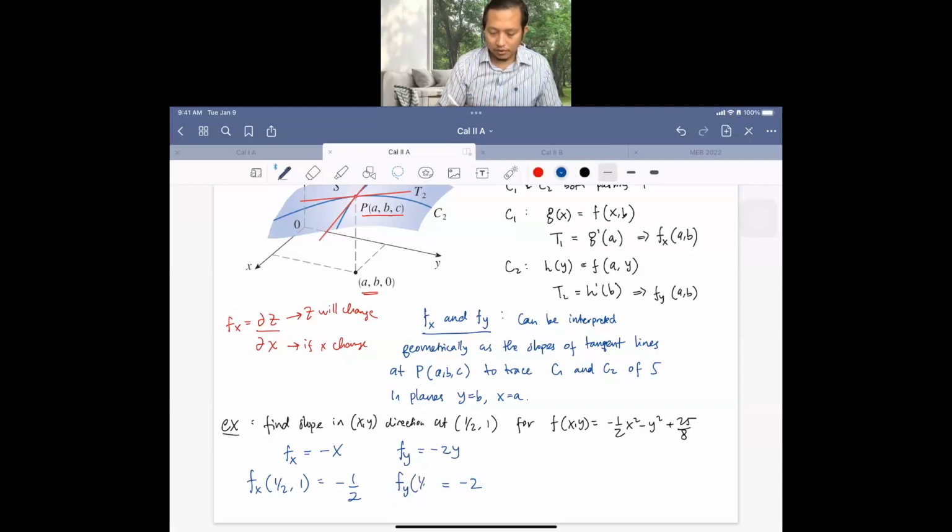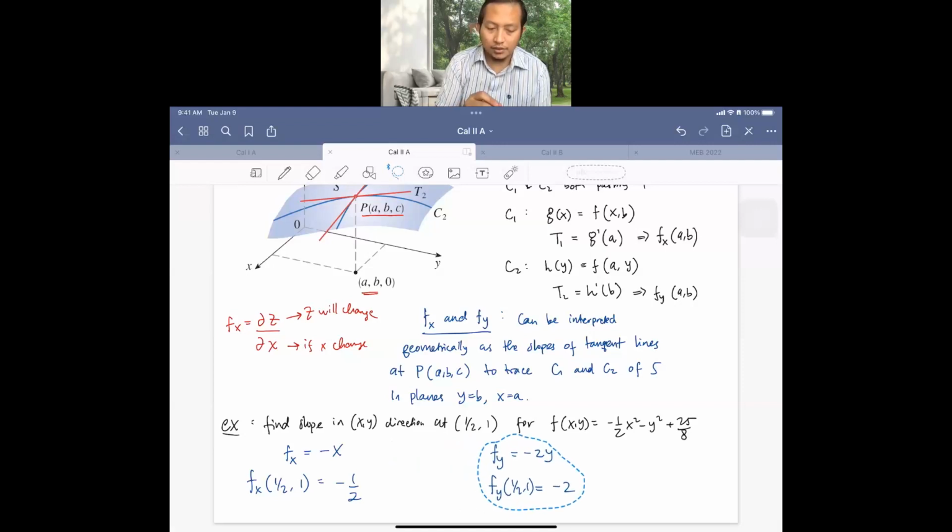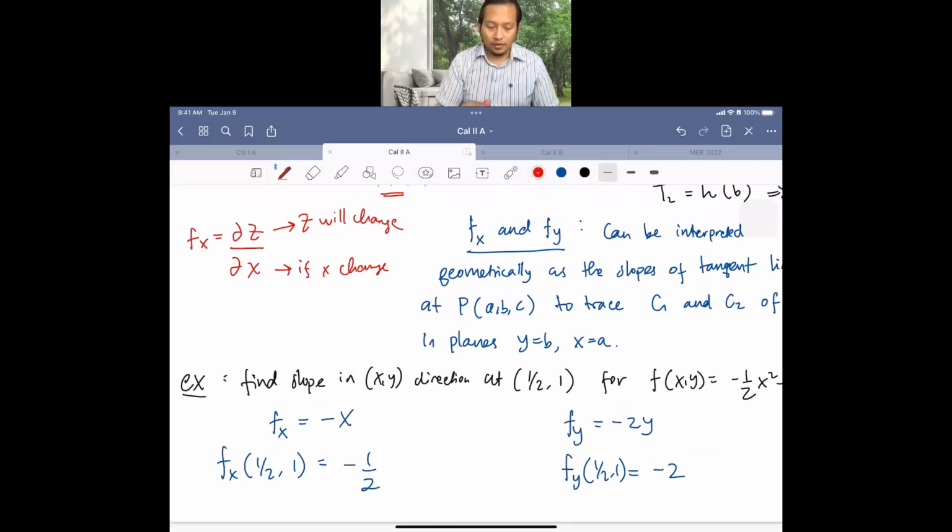Okay. Now what does the result imply? This negative 1 over 2, because this is dou z over dou x, means that because it is negative, z decreases 1 unit for every 2 units increase in x.